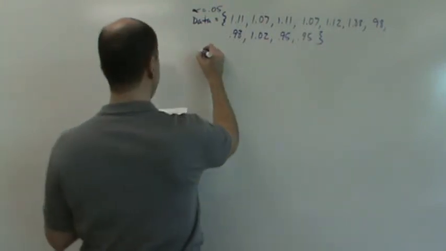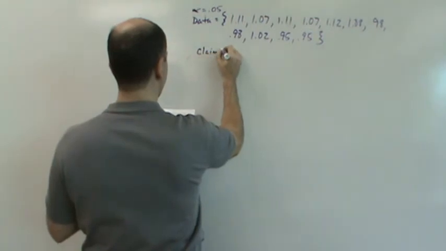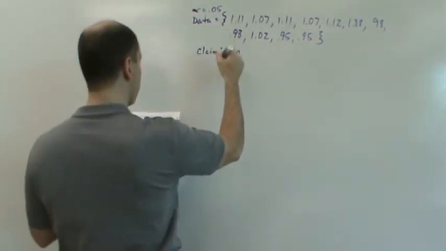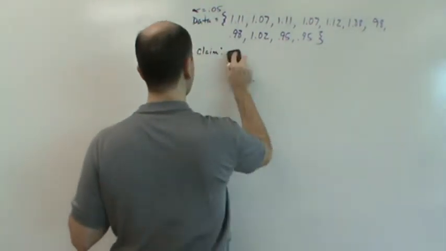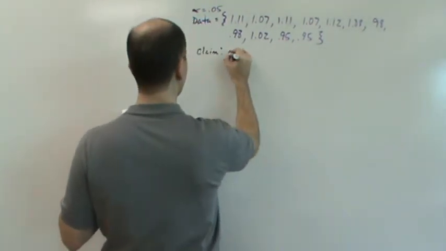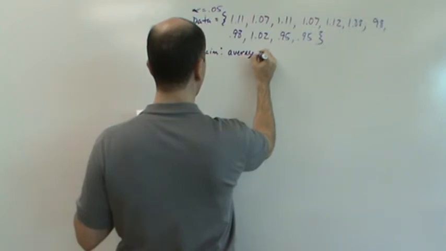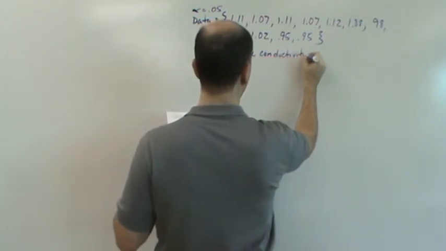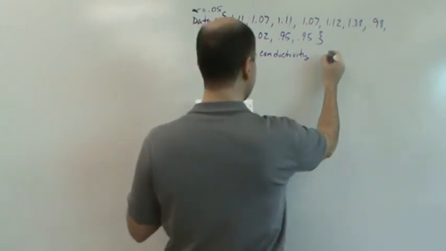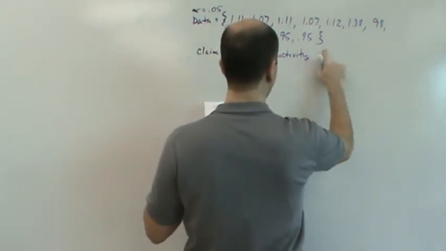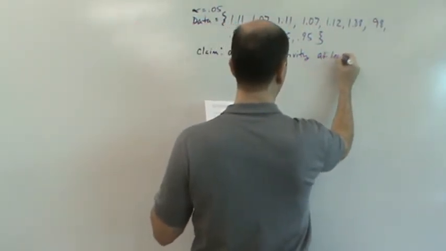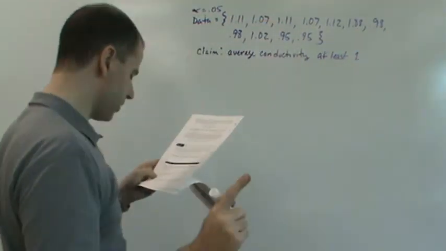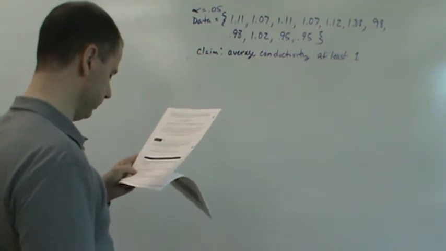So they want to test the claim that the average conductivity is at least 1. And it says assume the population is normal.